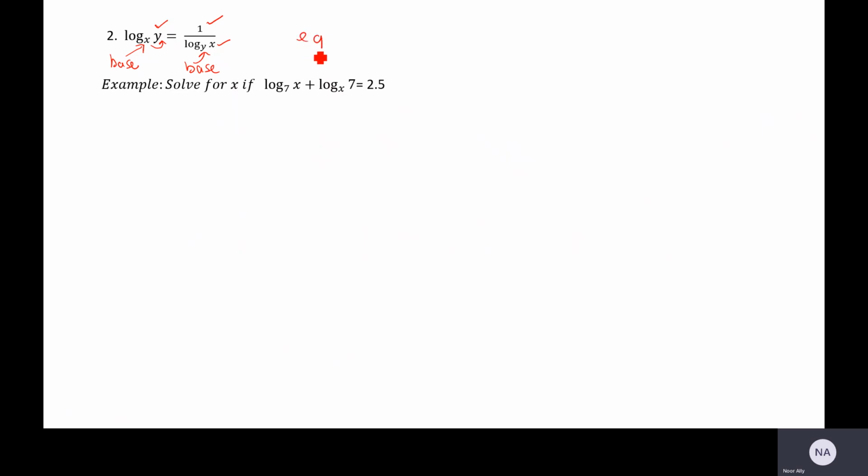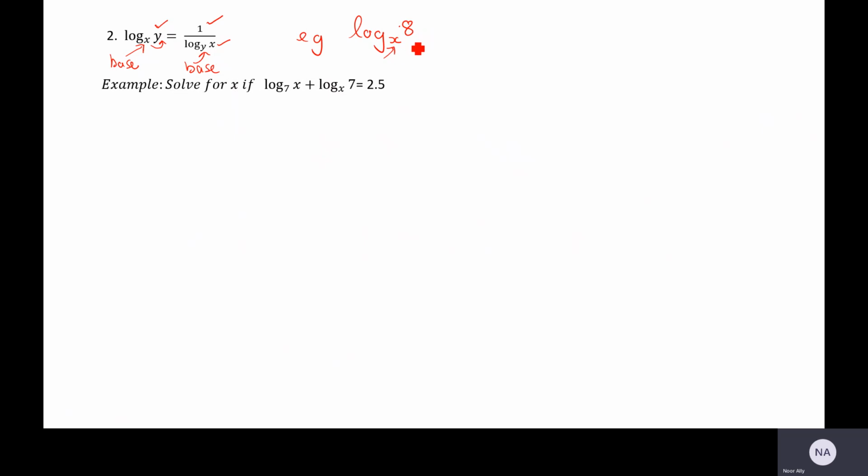So for example, if I have the log of 8 to the base x, and I don't want that. It's not convenient in mathematics to have a variable as a base.